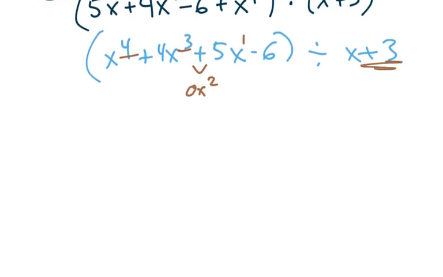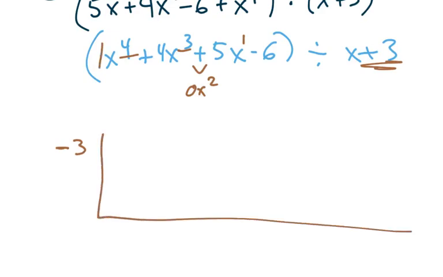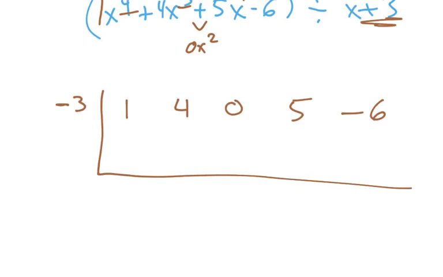So remember what I said. You put the opposite of this. Write down the leading coefficients. Don't forget the 0. If you don't put the 0, you're going to miss the question. So bring the 1 down. You're going to multiply negative 3 by 1. It's going to give me negative 3. And then you repeat the process.